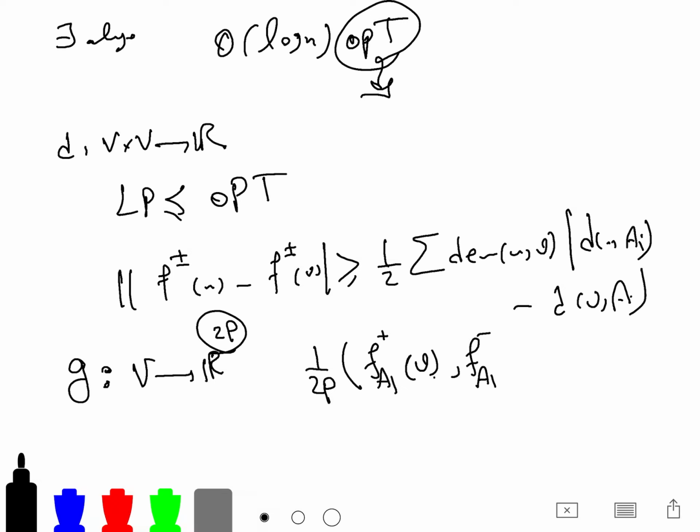So F minus A_1 of V, and then you go until F plus A_p, because for any set A_p you have two coordinates. So 2 times p, it is 2p coordinates.